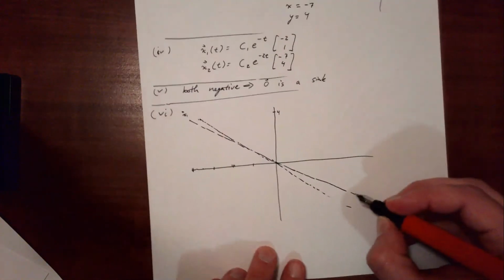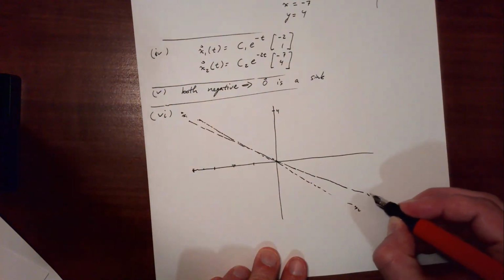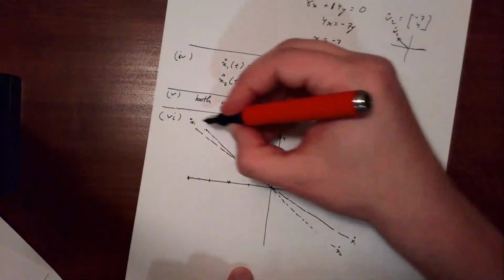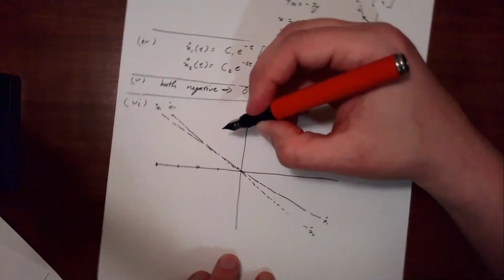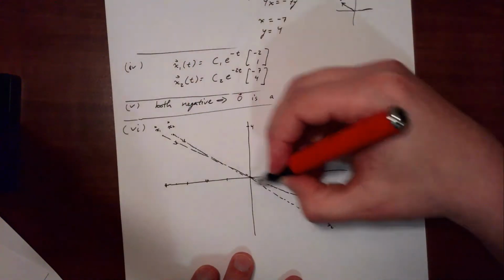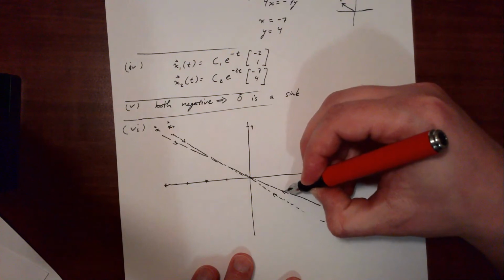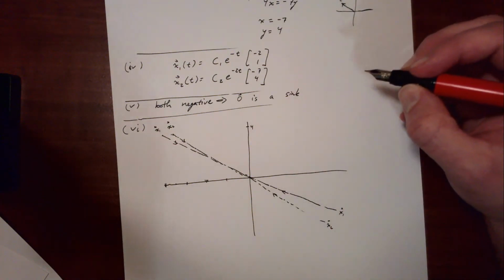Now I've really exaggerated the difference out here. This was x2 and this was x1. And this was x2. Okay, now a thing to remember about both of these is they are sinks, which means that they are coming in from both directions here.